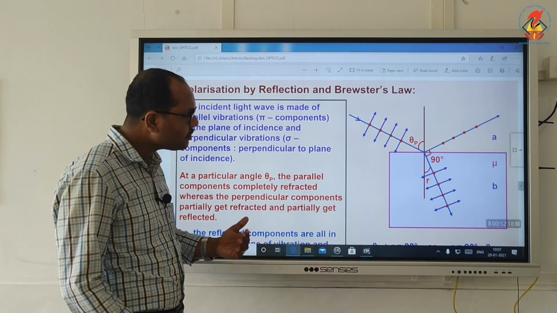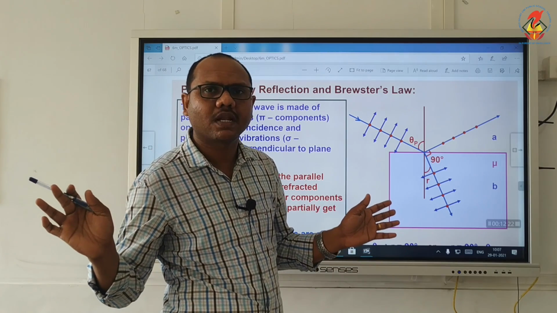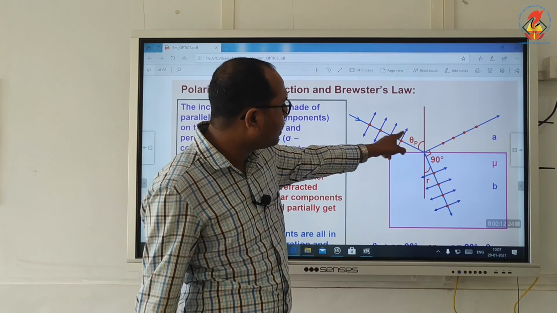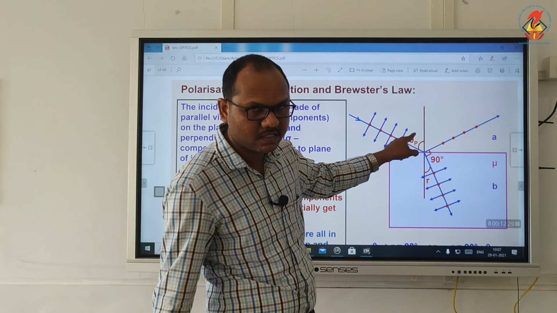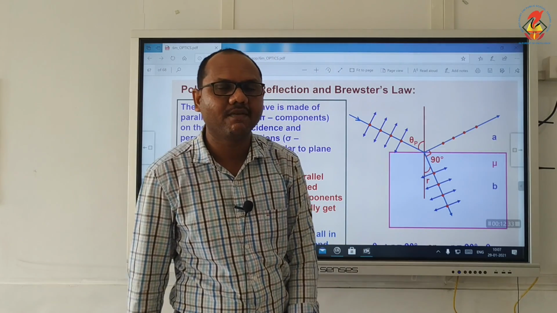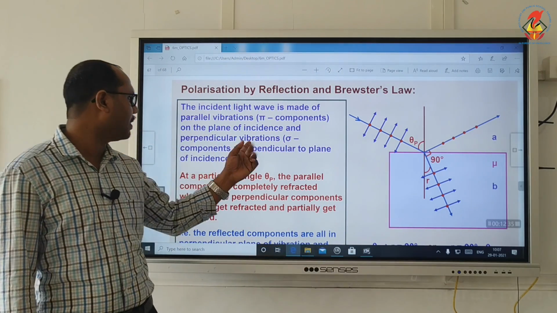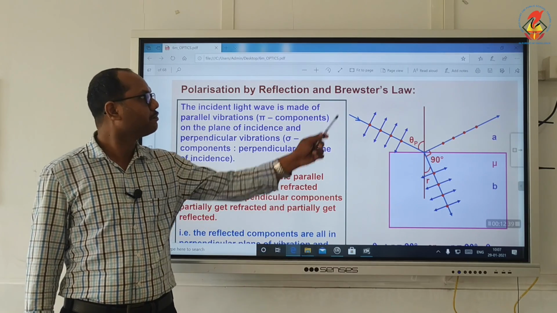Okay. So for every other angle the light will be unpolarized. Only at the angle called polarizing angle or Brewster's angle, that angle of incidence, at that time the reflected light will be completely polarized, having vibrations perpendicular to the plane. That is polarization by reflection.